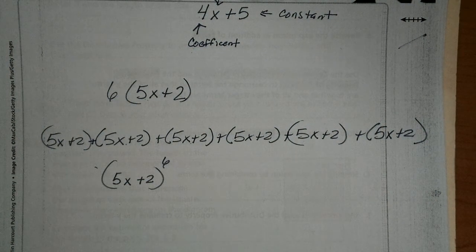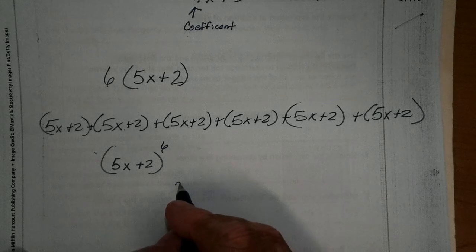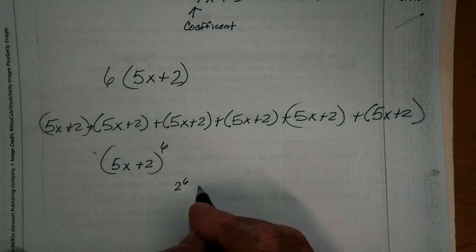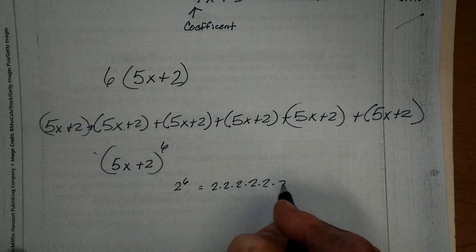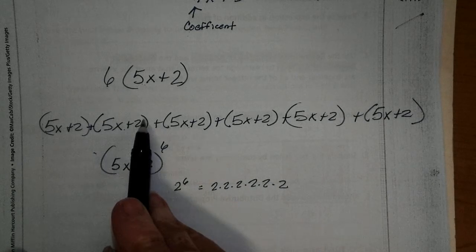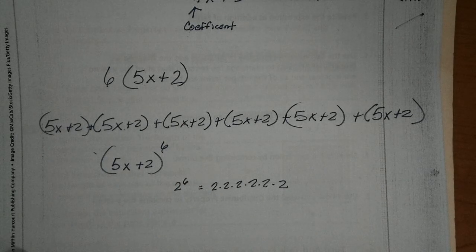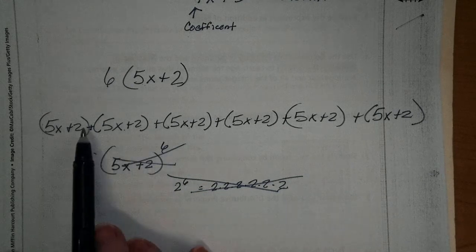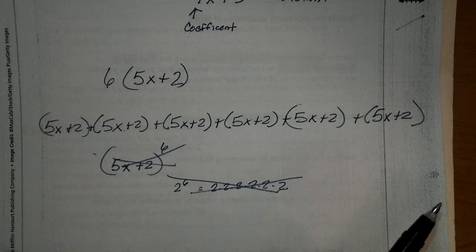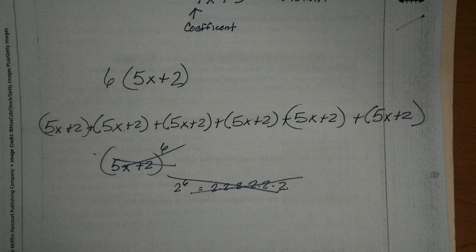So if I did that to the 6th power, that would be like 2 to the 6, which would be 2 times 2 times 2 times 2 times 2. I'm not multiplying my 2's, I'm adding them. So good thought though. This is not the most effective way to do it, but it is equivalent, right?